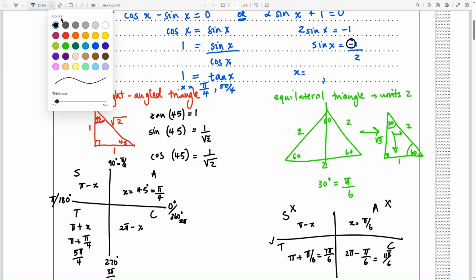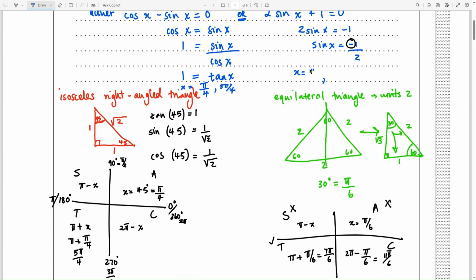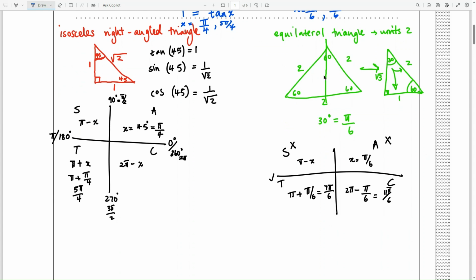Great. So that's 7 pi over 6 and 11 pi over 6. Okay. So those are all the solutions. If we're going to write them in order, then we have 45 degrees, and then we have 210 degrees, and 225 degrees, and 330 degrees.